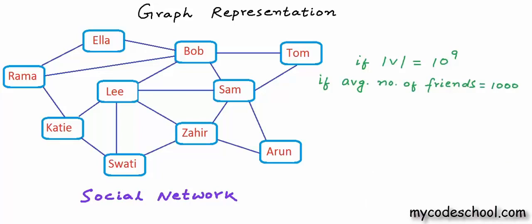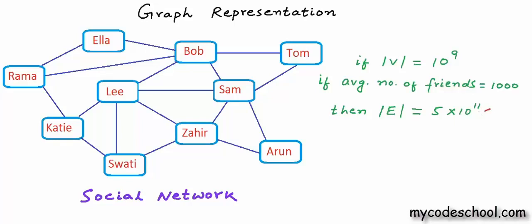With this assumption, we would have 10 to the power 12 edges in our graph. Actually, this is an undirected graph, so we should divide by 2 here so that we do not count an edge twice. So if the average number of friends is 1,000, then the total number of connections in my graph is 5 into 10 to the power 11.